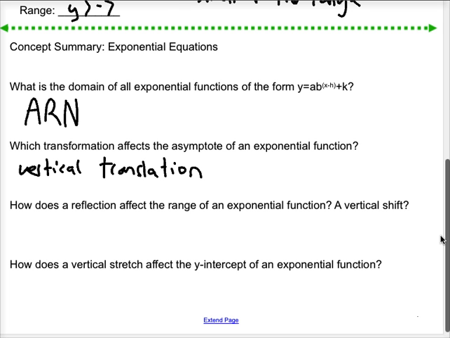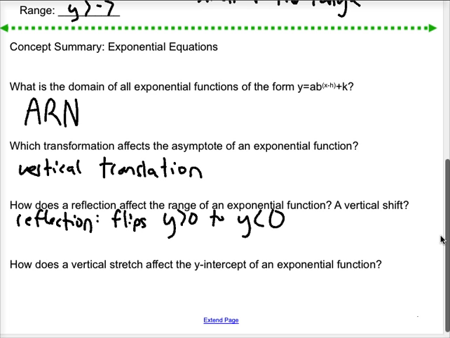How does a reflection affect the range? So the reflection flips that. It completely flips its orientation from going up to going down. The vertical shift moves it up or down.